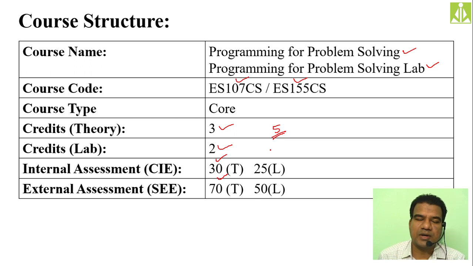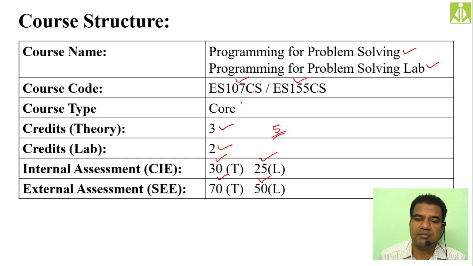Internal assessment for the lab is 25 marks: like how we conduct theory internals, we will also conduct lab internals, and evaluate and award the marks out of 25. Then there will be an external lab exam, with a contribution of 50 marks.